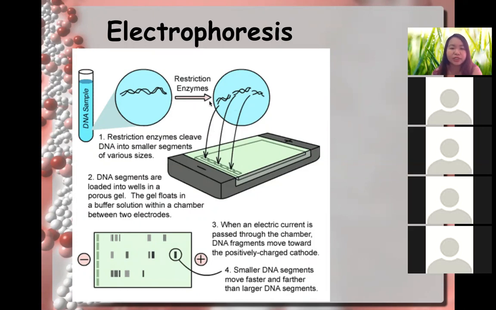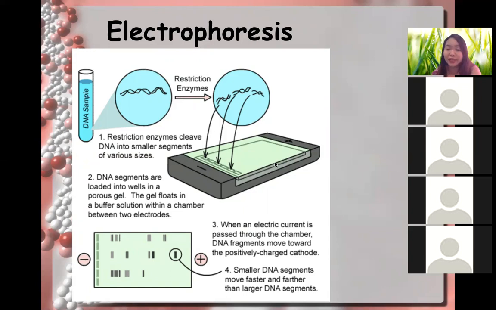In the restriction enzymes, the first step is this is your DNA sample, and the restriction enzymes cleave the DNA into smaller segments of various sizes. These are put in here, and the DNA segments are loaded into the wells in a porous gel.